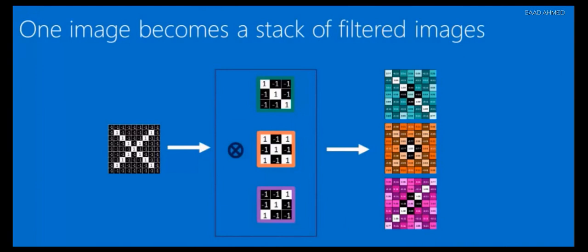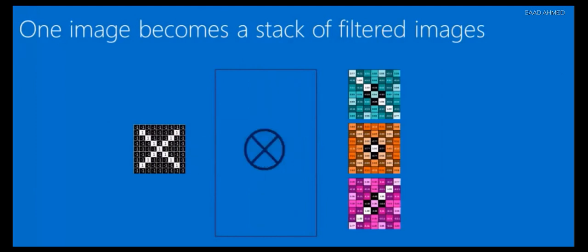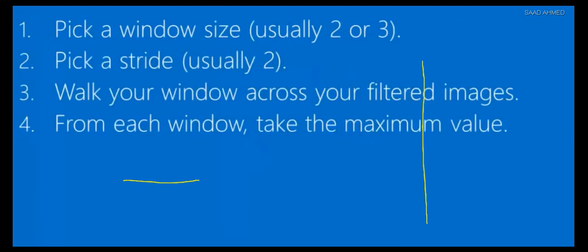One image becomes a stack of filtered image, and this is what is done during the convolution layer. So this image have 3 features, and we have 3 piles.